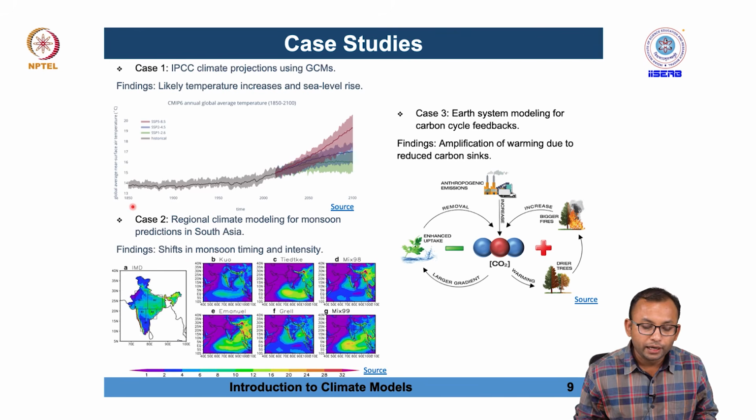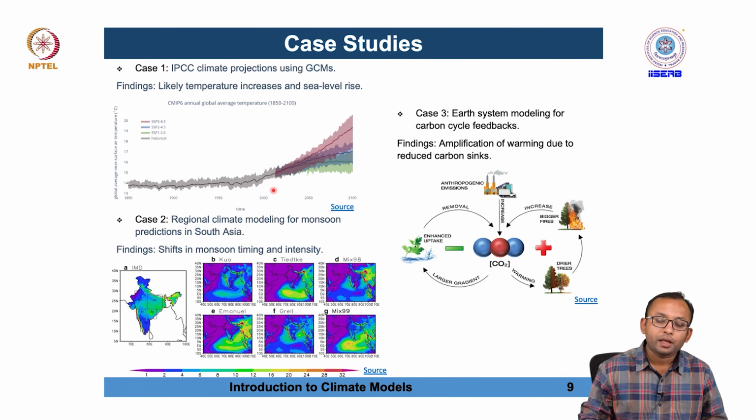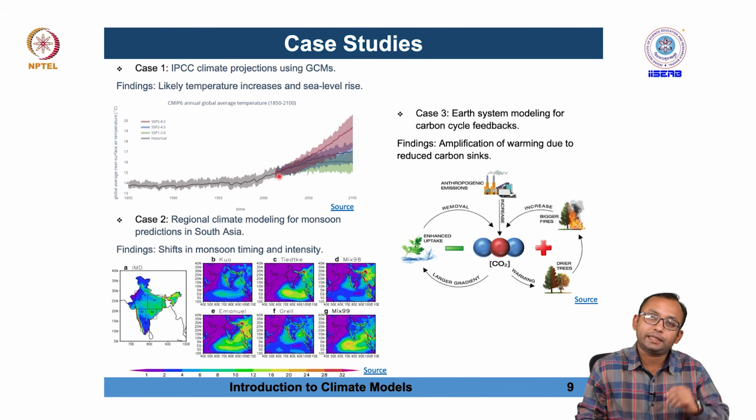Here, if you look at the historical as well as the future climate projections, you can see it starts from 1850 until 2023 or 2024, and after that we are projecting what is likely to be the situation in the future till 2100. So this part we have already seen, therefore there is one single line, but after this we do not have an exact idea of which pattern the climate will take.